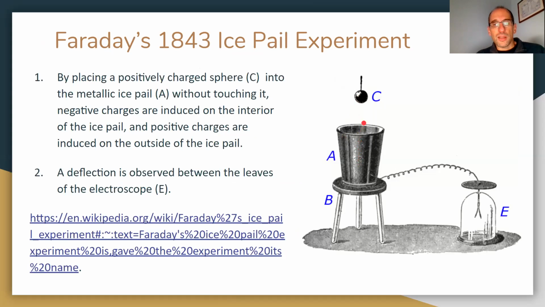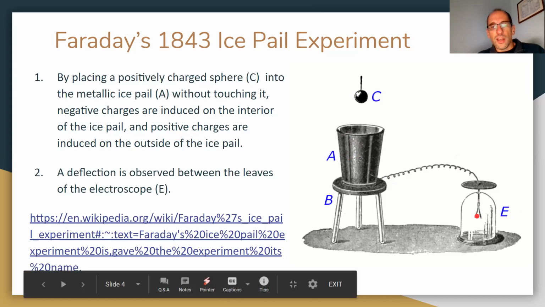And as that happened, the electric flux established by the charge on this sphere would induce a charge on the ice pail, and the resulting charge on the ice pail could be measured at the electroscope. Over here you have these gold leaves, and if they're charged by like charges, then they would repel and there would be a deflection here.